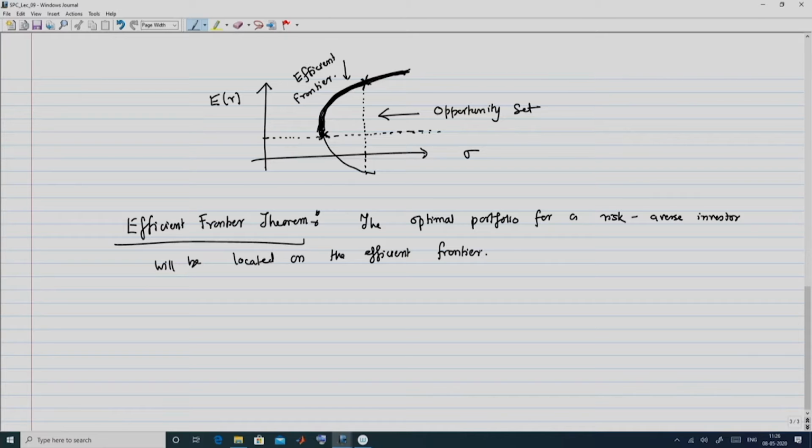Essentially, for a risk averse investor, who is driven by the two considerations enumerated in the definition of efficient frontier, the optimal portfolio is going to be a portfolio that lies somewhere on the efficient frontier. The particular optimal portfolio will be driven by the level of their risk appetite, that means the level of risk that they are willing to take.